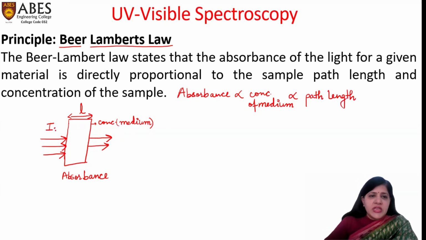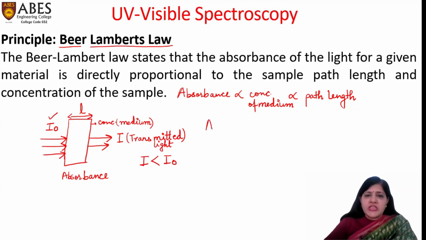I naught is the initial or incident intensity of the radiation, and I is the intensity of the transmitted radiation. I naught is greater than I, or we can say I is less than I naught. Intensity decreased because light has been absorbed by the medium. Therefore, transmitted light has lesser intensity as compared to the incident radiation.